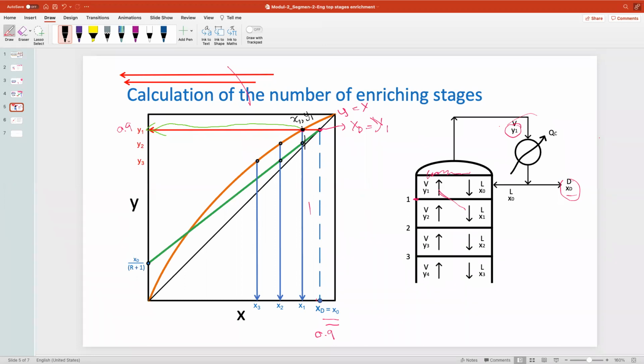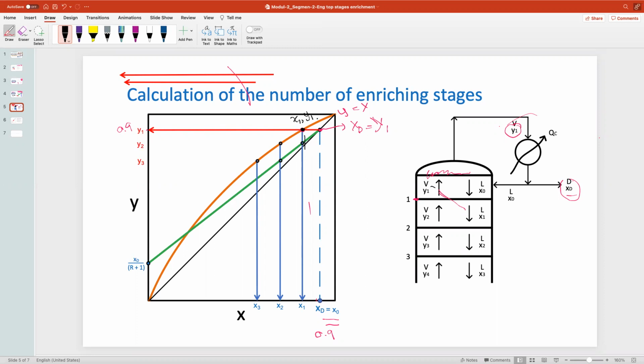So one point on this curve tells you about the composition of equilibrium between Y1 and X1. Sometimes your seniors will say, just look at the triangle. It's not the triangle that we're looking at, but the points on the equilibrium. Okay, everyone? Thank you, Kevin.